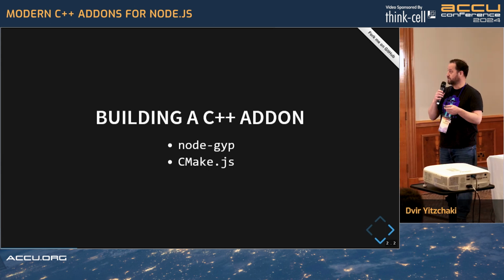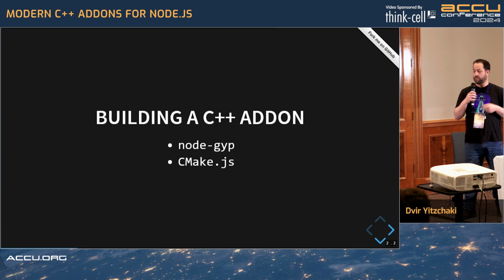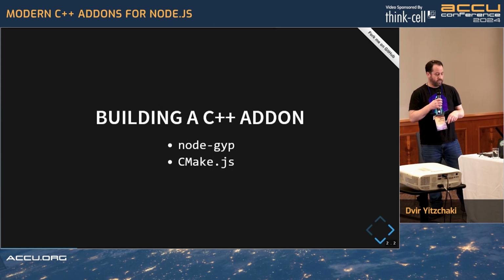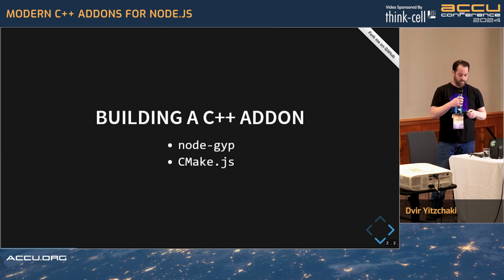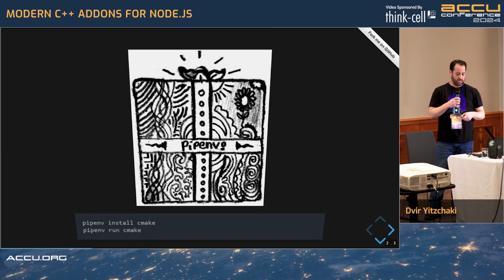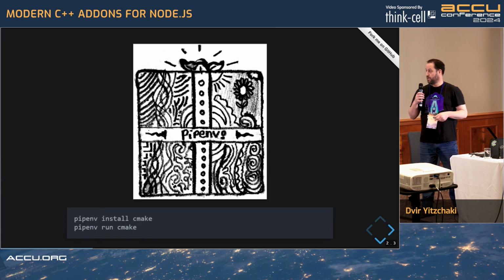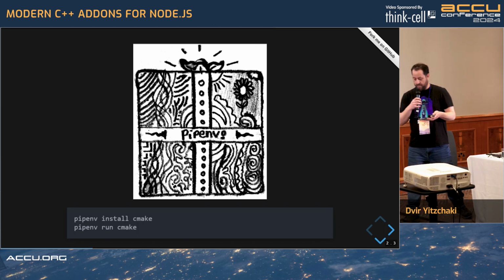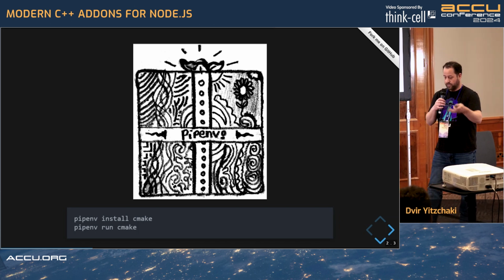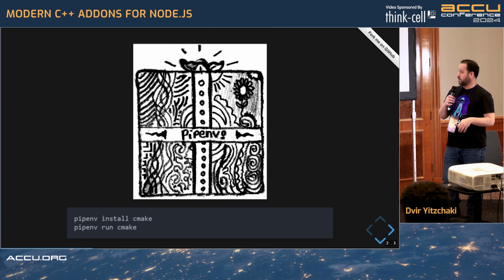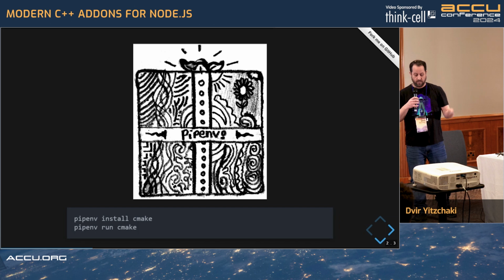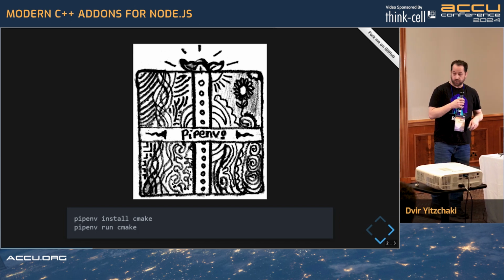So it turns out there's a JavaScript library that can help you with that and basically invokes CMake for a Node.js package. As I told you, you need Python also for Node.js. So I thought, all right, just use Python to install CMake as well. I'm using pipenv, which is a Python virtual environment manager.